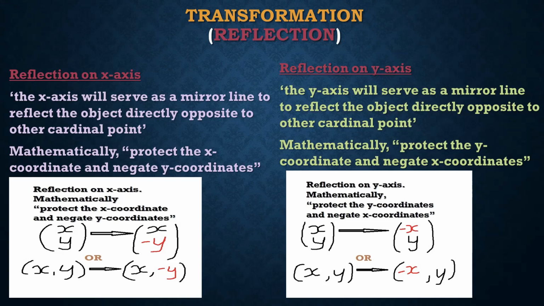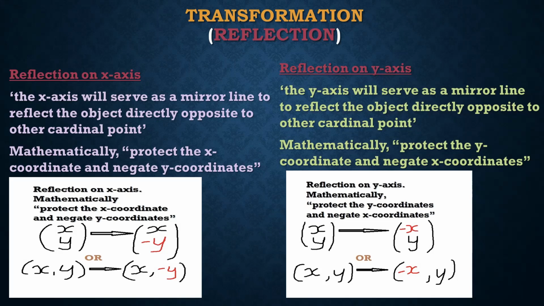Whenever there's a reflection on the y-axis, you protect all the y coordinates and negate the x coordinate. Protecting the y coordinate means you will not touch the y number. If it is negative, you write the negative. If it's positive, then you write the positive. But you negate the x coordinate.